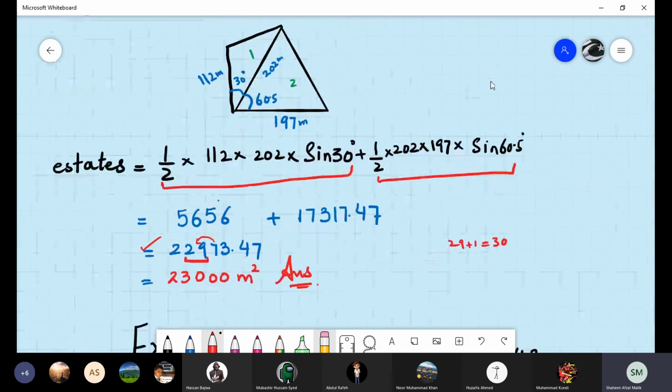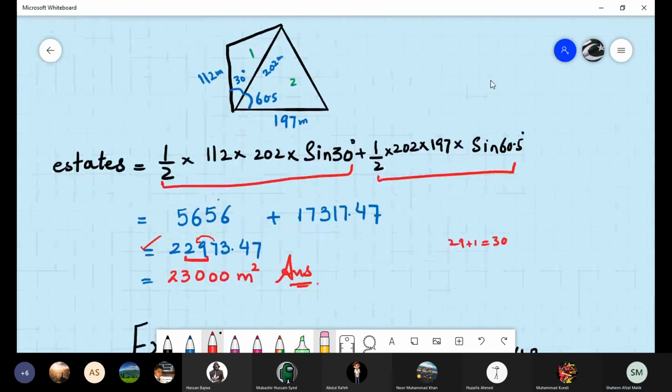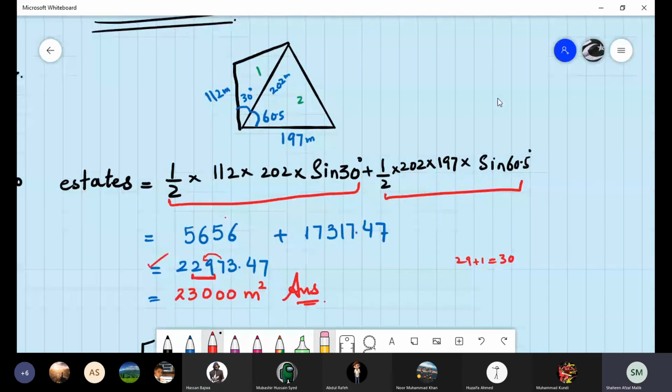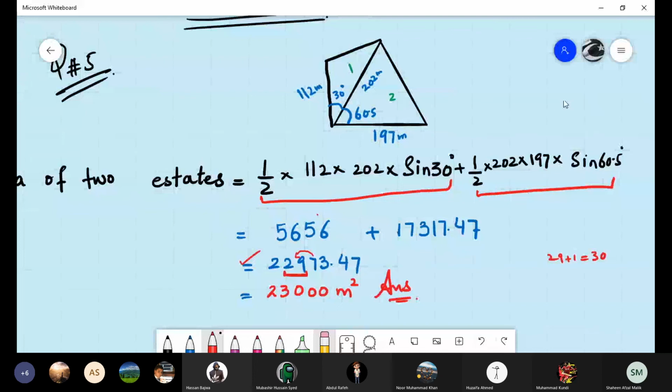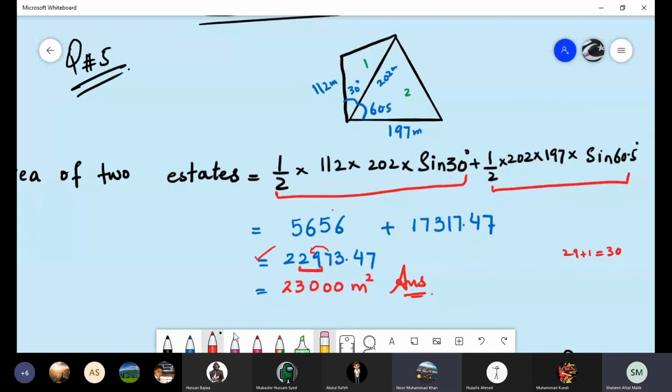Boys, done this one, can I move my screen? Yes, ma'am. Or still copying? Done, ma'am. I'm asking the whole class. Only Hassan and Noor are replying today. Only 2 students are replying. What about the whole class? Okay, ma'am, give 1 minute. Okay. What about Arsalan, Ashar, Abdurrahman?